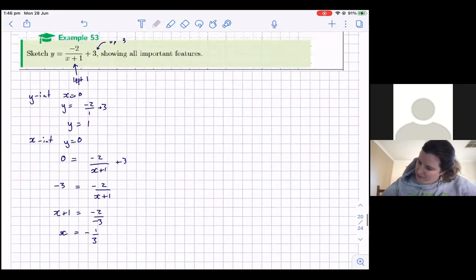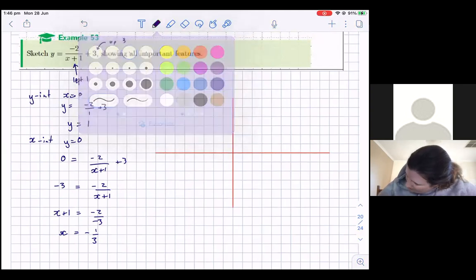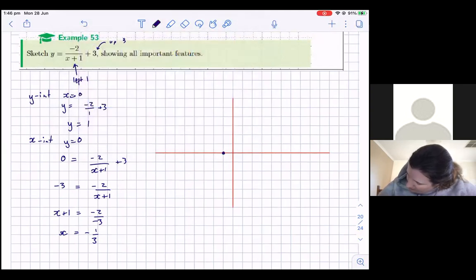Okay, let's sketch it. So x is -1/3. That's the x-intercept. My y-intercept is at +1.